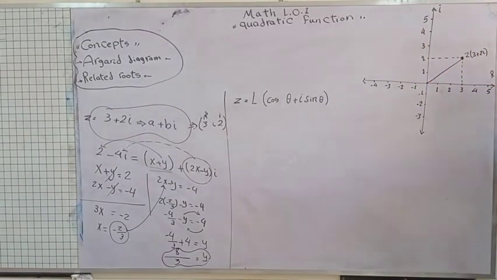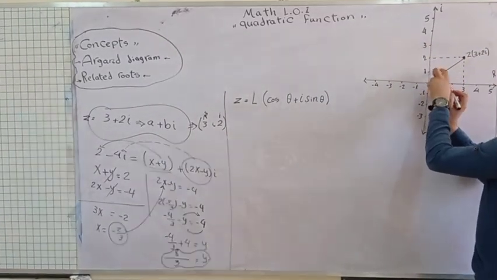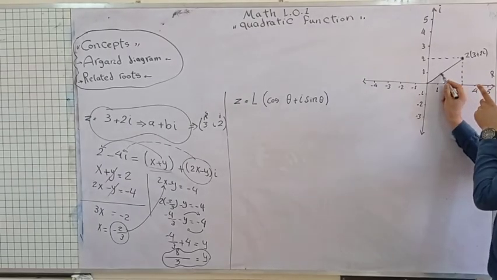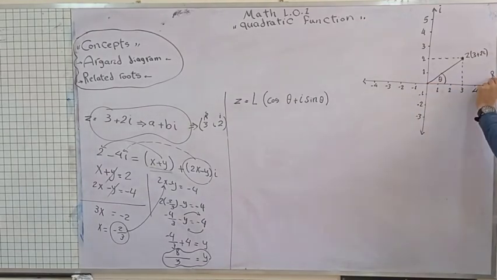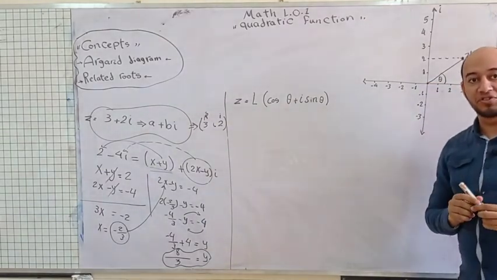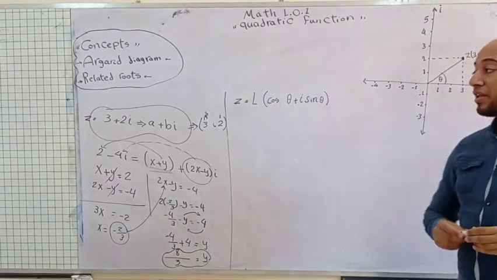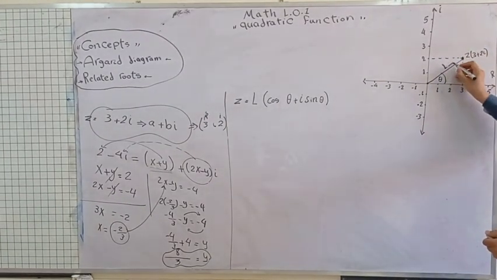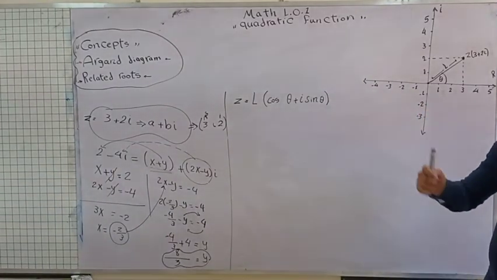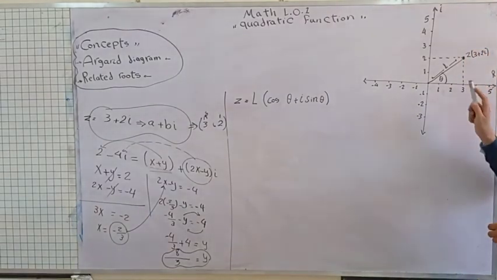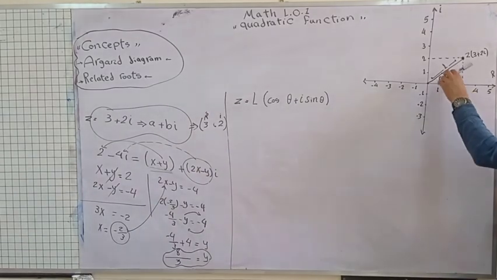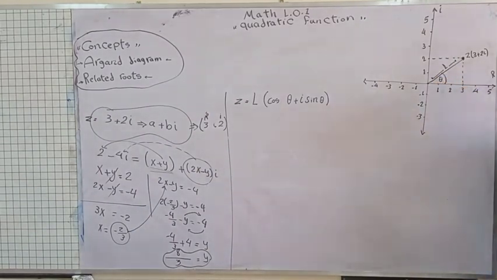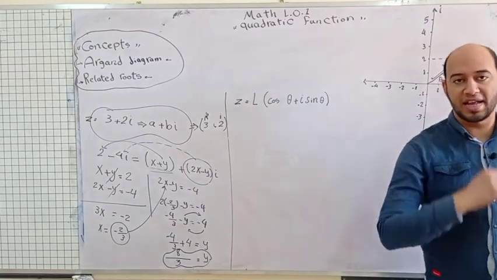Theta is the angle which this segment makes with the positive direction of the horizontal axis, the real part axis. So L represents the length of the complex number, and theta represents the angle between this vector and the positive direction of the horizontal axis.